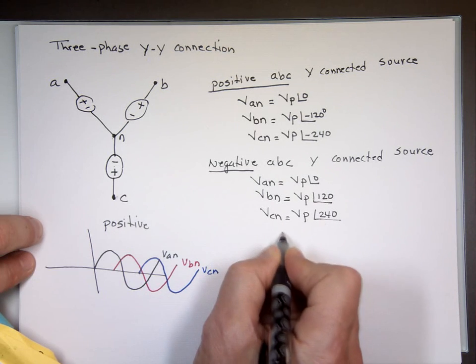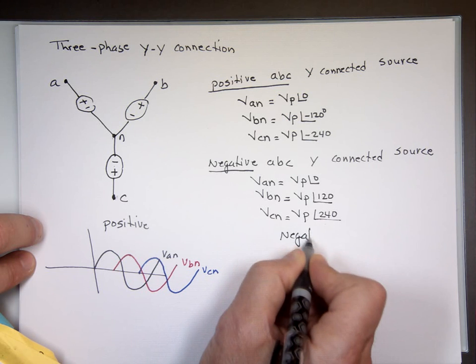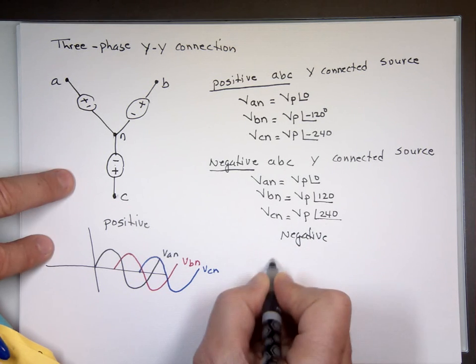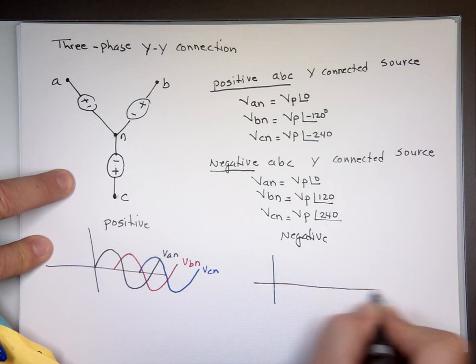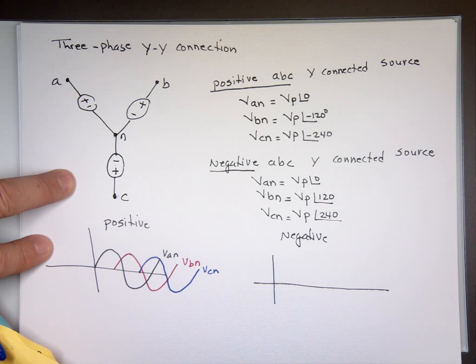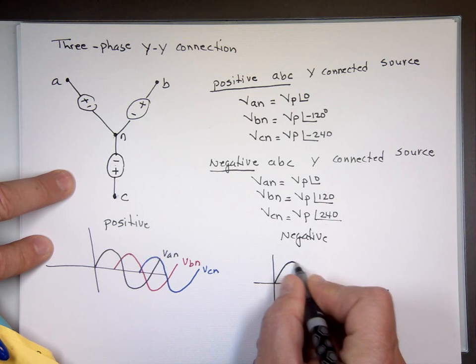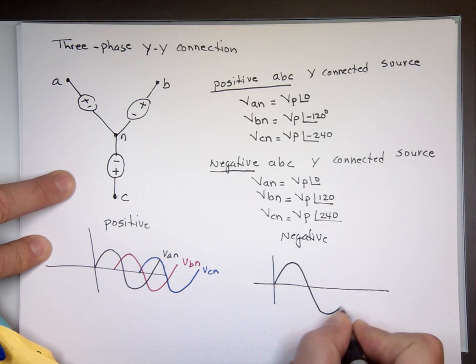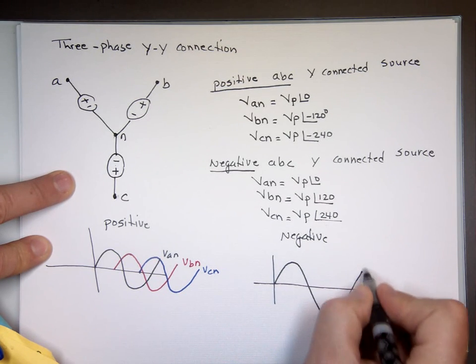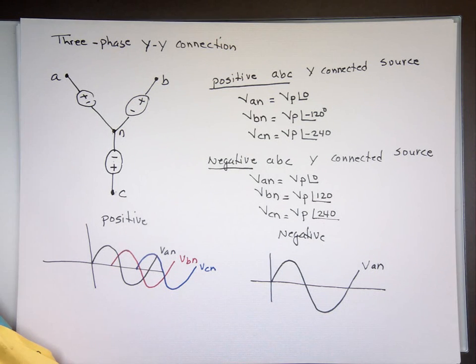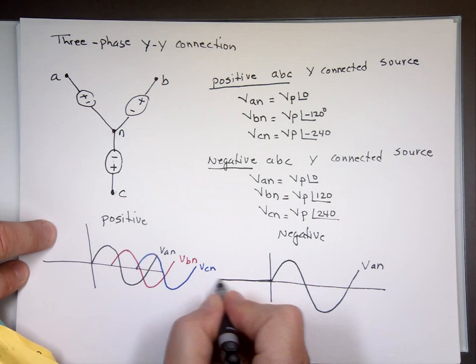And now with negative, so this is the positive here, and there's the negative. This is VAN. Uh-oh, I screwed up here.